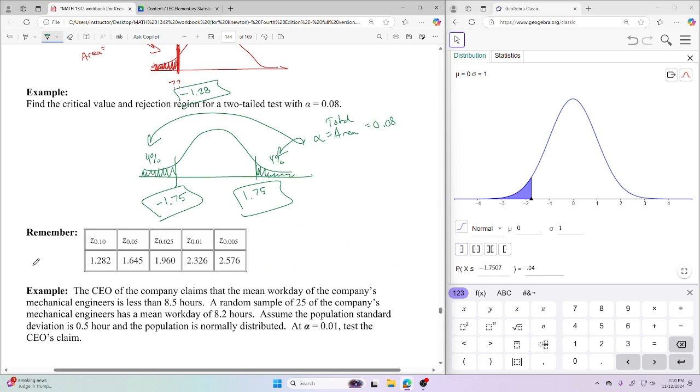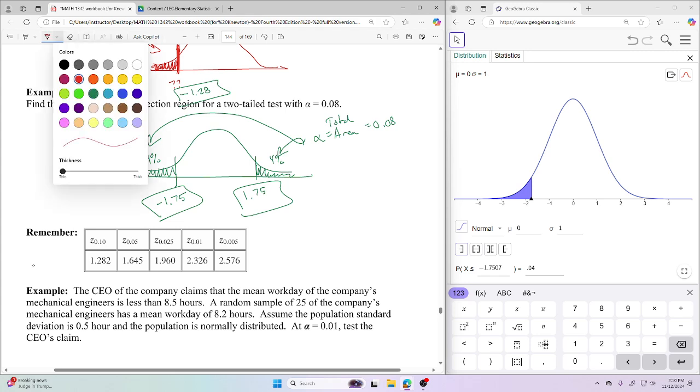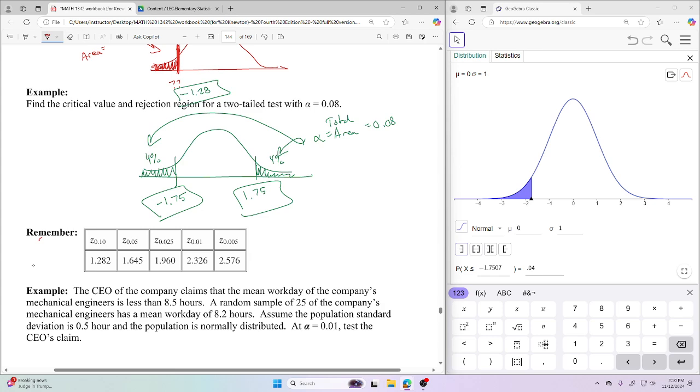So some of these are more common than others. Let me remind you here. This was for 95% confidence. That's the confidence interval. This was for 98. This is 99. This was 90. And this is 80. These are the confidence intervals.